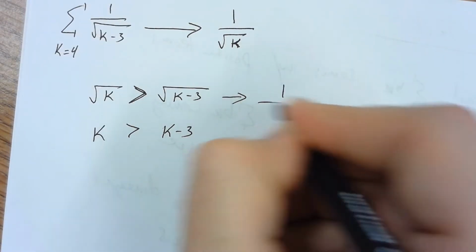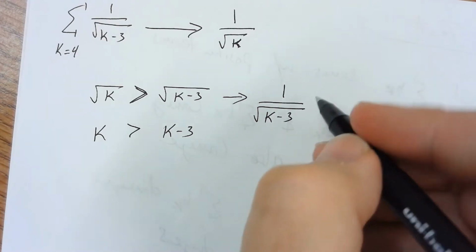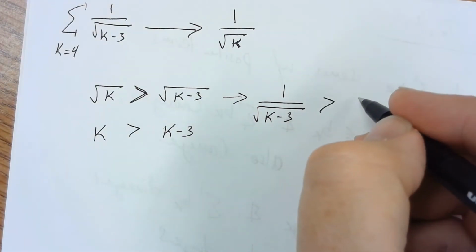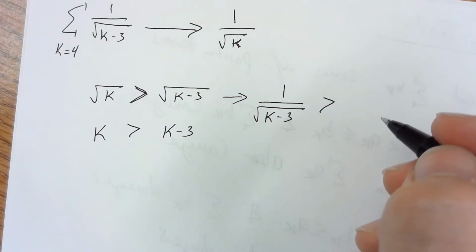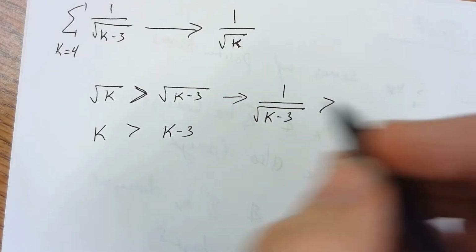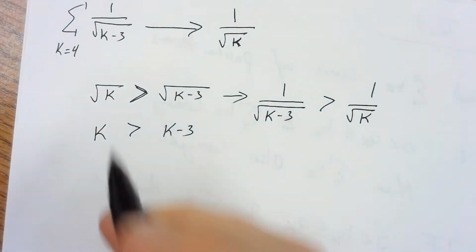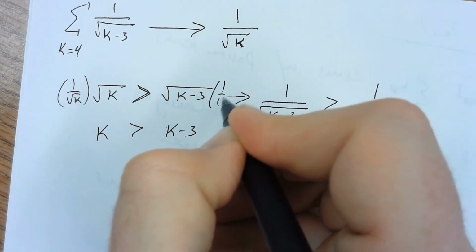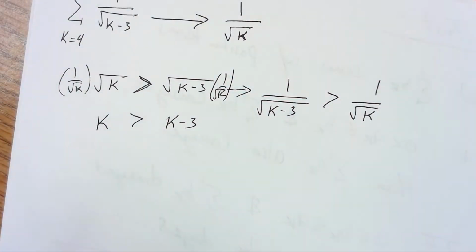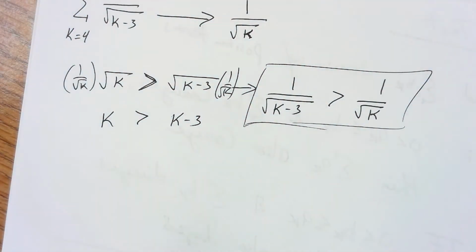It's basically like I'm multiplying both sides by a denominator that wasn't ever there, and it's not going to flip the inequality because multiplying both sides by a positive number doesn't change the inequality symbol. So I end up with something that looks more like this, by multiplying both sides by 1 over the square root of k, and multiplying both sides by 1 over the square root of k minus 3. So then I have this conclusion of the inequality.